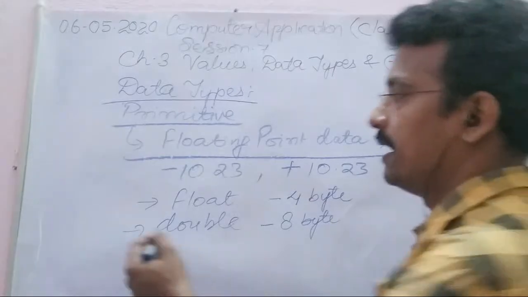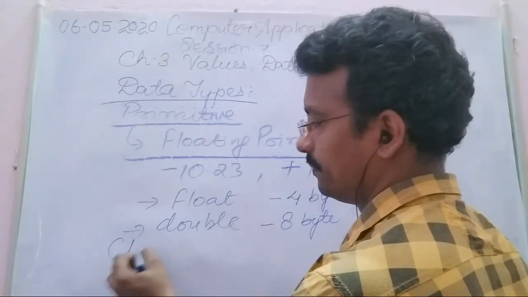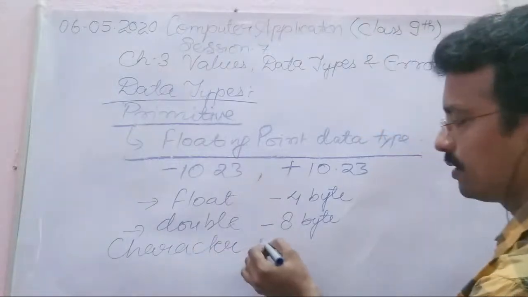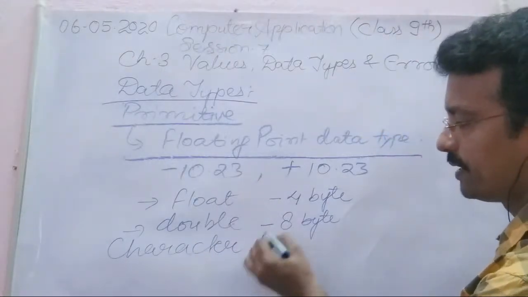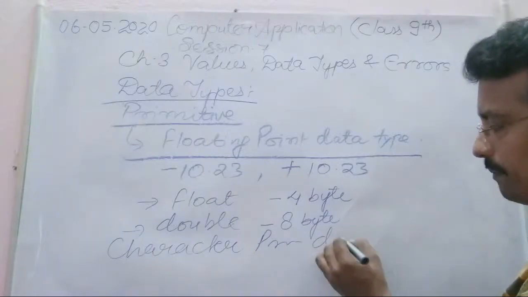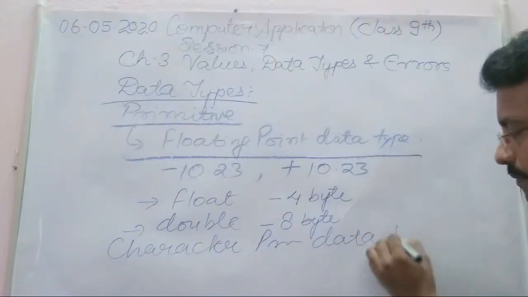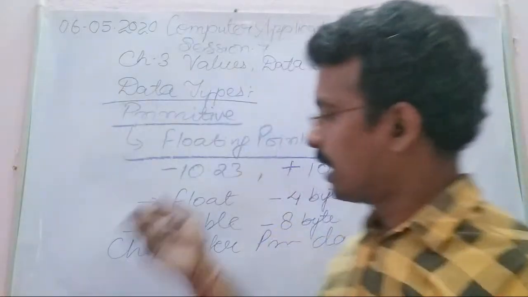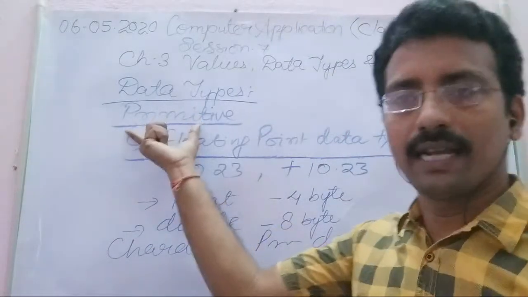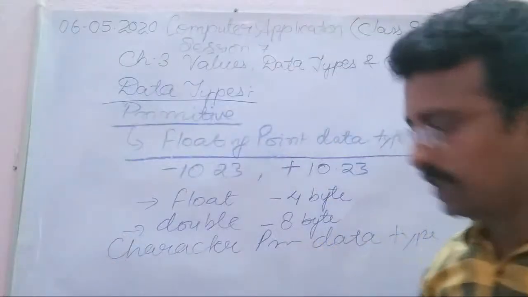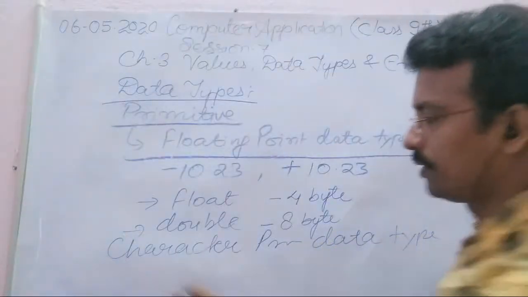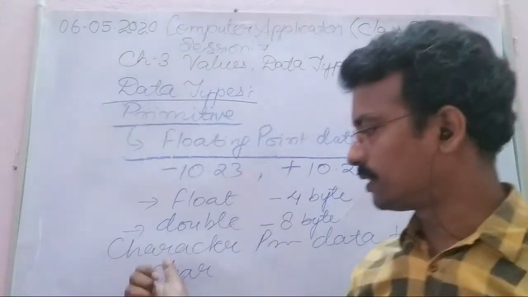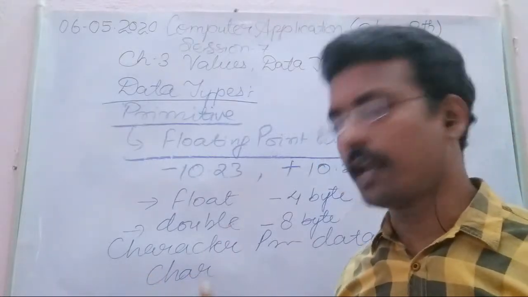Next, after this, the next category is character, the character primitive data type. Character primitive data types are again from the primitives category, and they include the data type char in our program. This is small letter char.